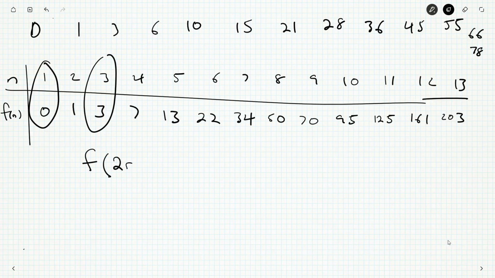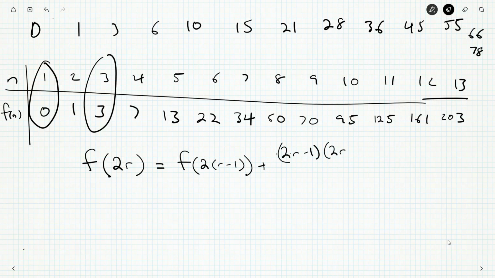n maybe looks like 2r, then I know it's 2r minus 1 plus, what do we want to say here? R, so 2r plus 2r minus 1 times 2r all over 2.